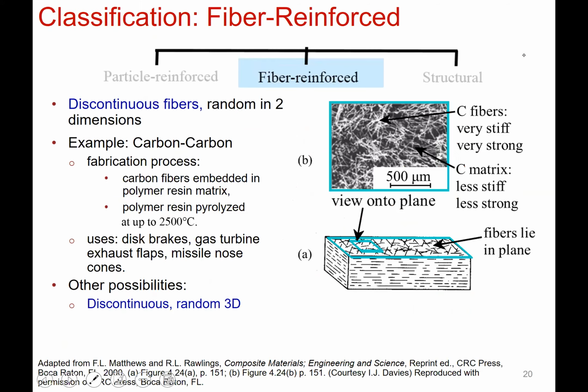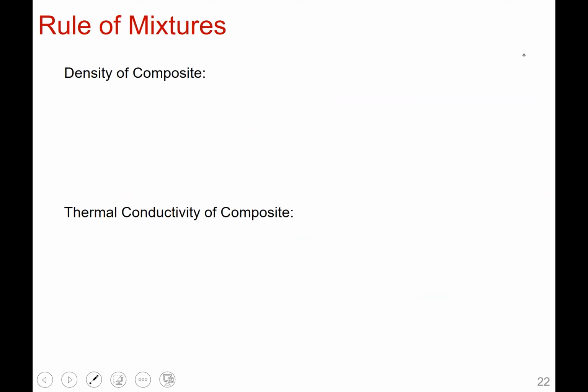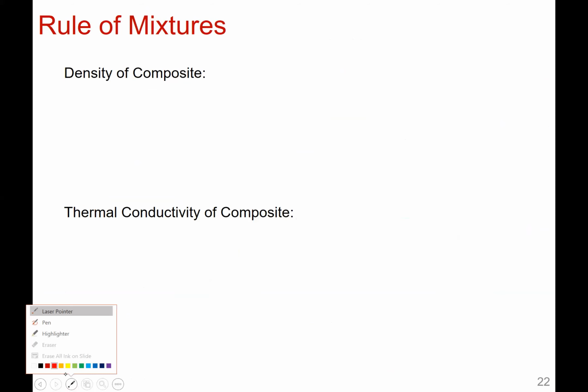Okay, let's see, where were we? Okay, so rule of mixture. We talked about how it can be applied in terms of the modulus of elasticity. We can also talk about the density.